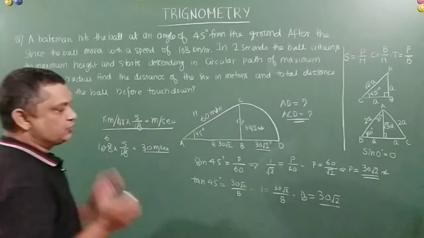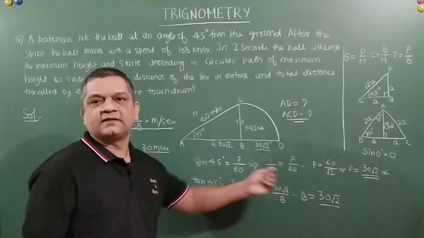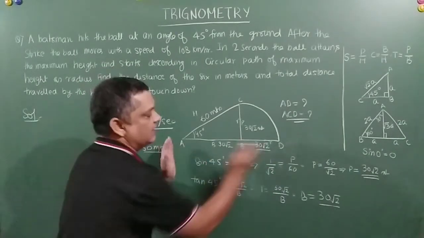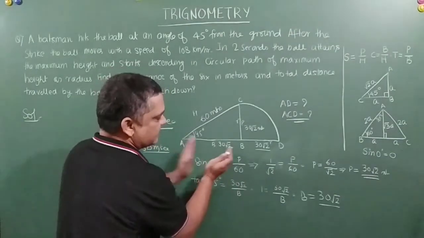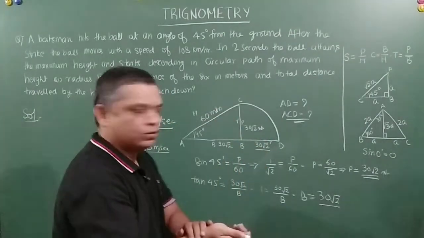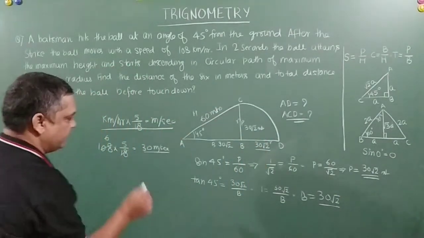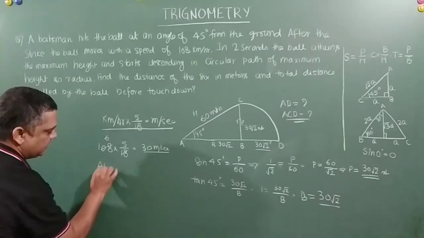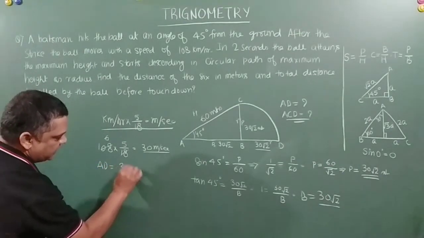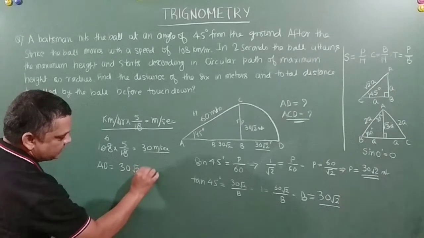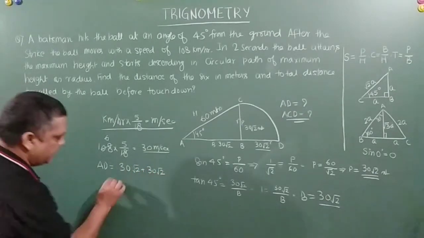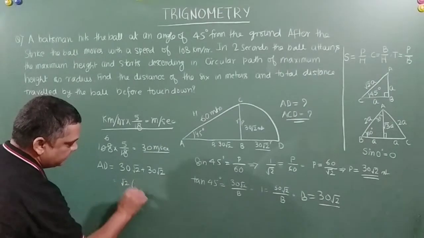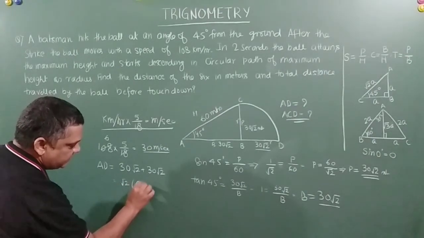Right friends? So one part of the question we can answer now. That is, what is the length of AD, or what is the distance of the 6? That is nothing but 30 root 2 plus 30 root 2. Okay, let me do it here. So AD is equal to 30 root 2 plus 30 root 2. If I take root 2 common here, this becomes 30 plus 30, that is 60.